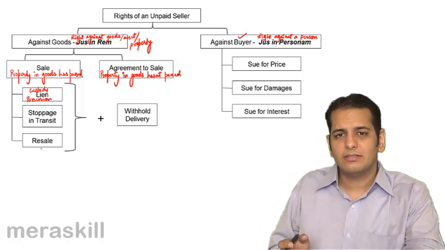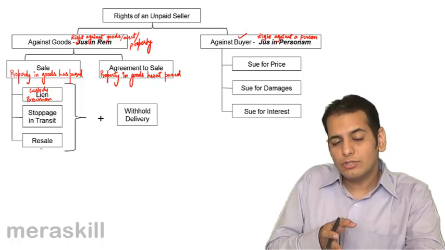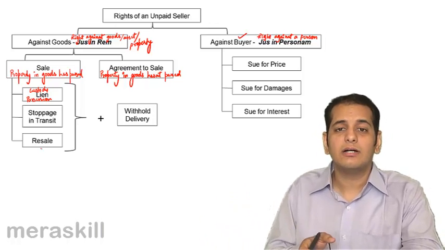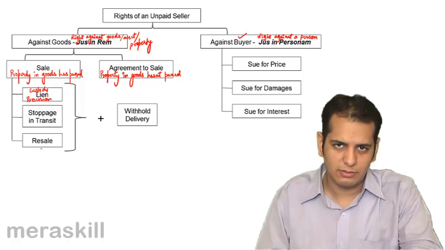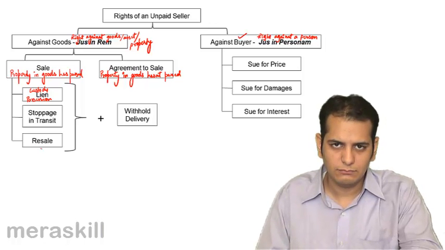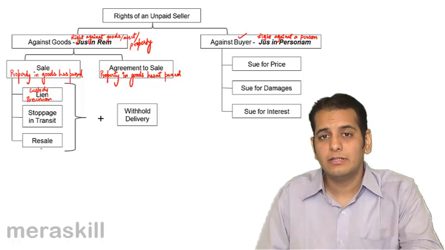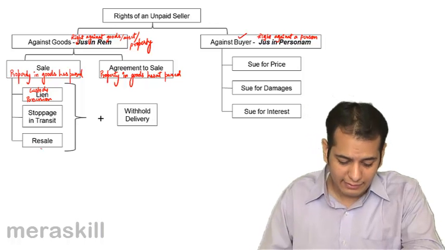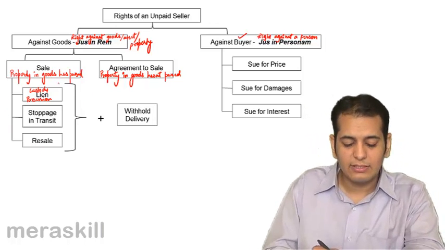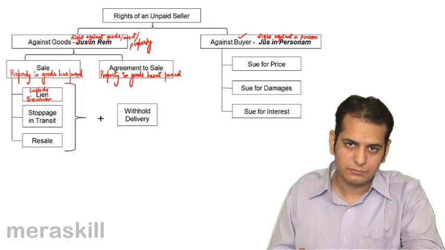But let's say it is not a sale transaction but an agreement to sell. So what will be the rights in that case? In that case, all these rights will continue.